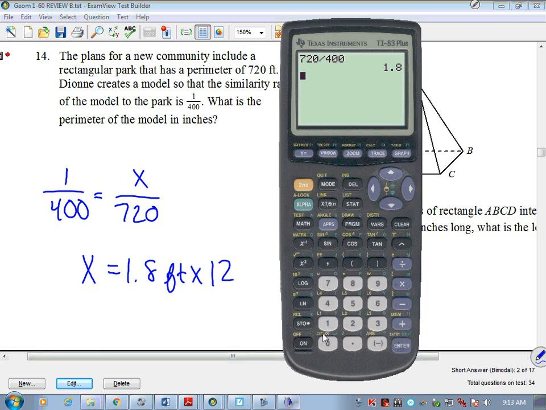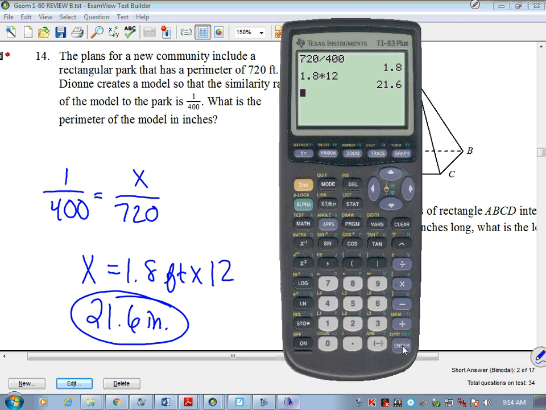So 1.8 times 12 is 21.6 inches. That is my answer. They don't tell you, but this 1 to 400 is in feet. It's 1 foot to 400 feet, so we need to convert that.